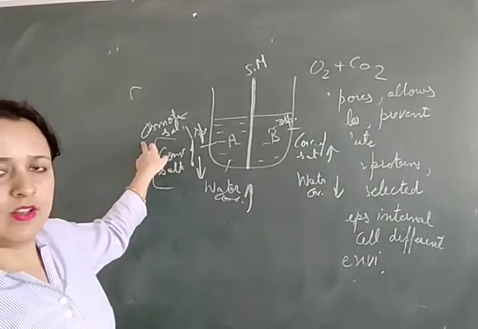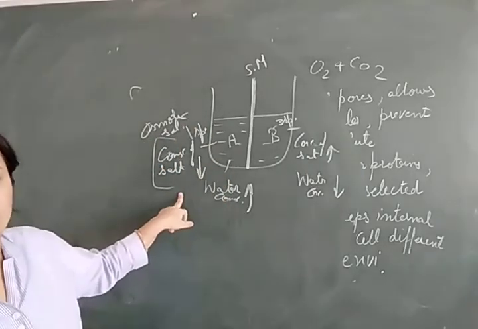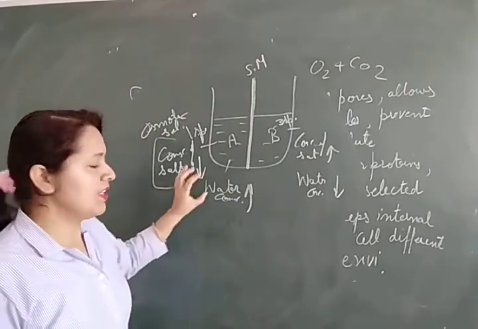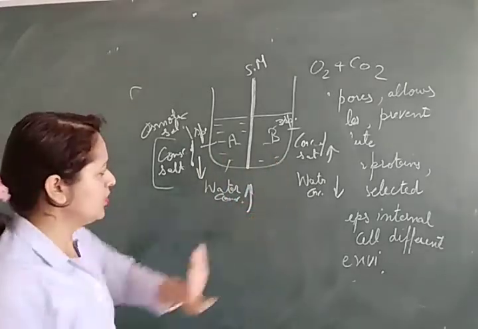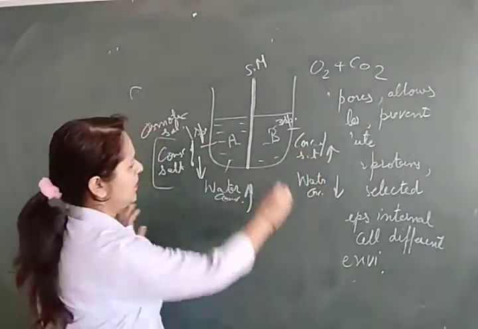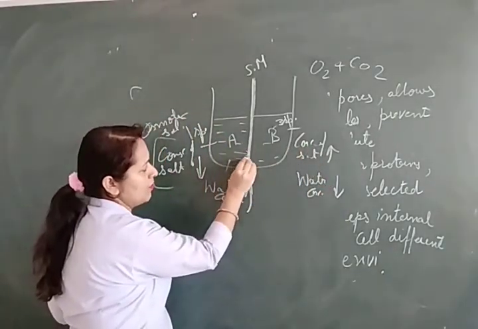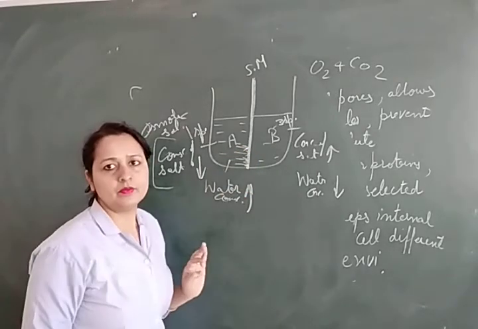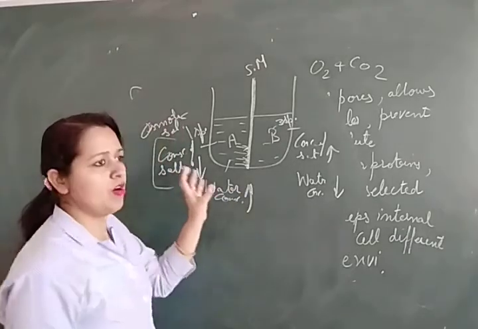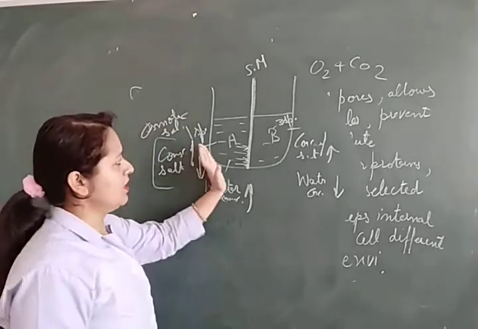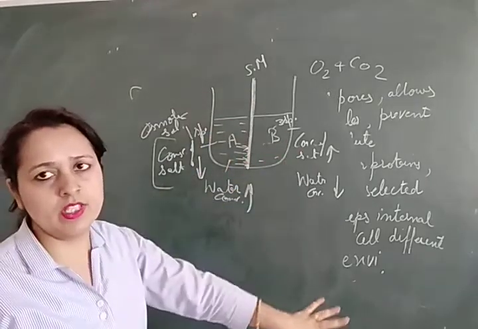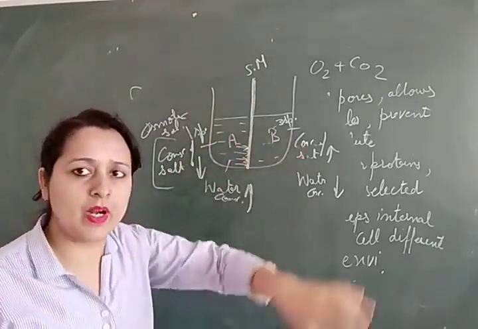So the osmotic concentration of compartment A is low and water concentration is high. As we know, movement always takes place from high to low. So the water concentration is high here and low there, so the movement of water molecules takes place from A to B, because movement always takes place from high to low. So when water molecules move from high concentration to low concentration across a semi-permeable membrane, it is called osmosis, and osmosis does not allow the solute particles with it.